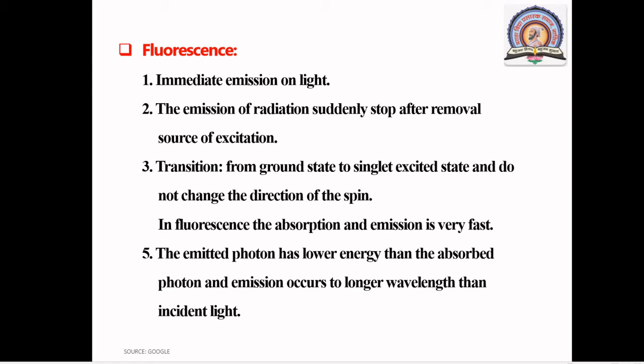In fluorescence, the absorption and emission are very fast as compared to phosphorescence. Also, the emitted photon has lower energy than the absorbed one and occurs at a longer wavelength than the incident light.